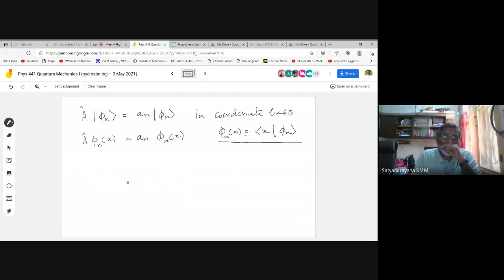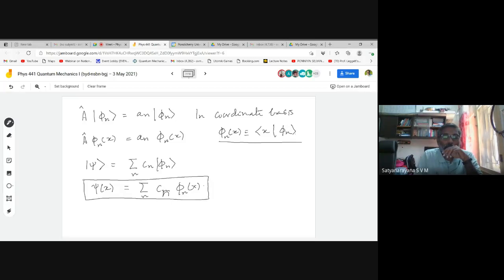Now, we had written some arbitrary state psi as the sum over n of Cn phi n. Equivalently, in terms of coordinate basis, I can write psi of x is equal to the sum over n of Cn phi n of x. This much is clear.